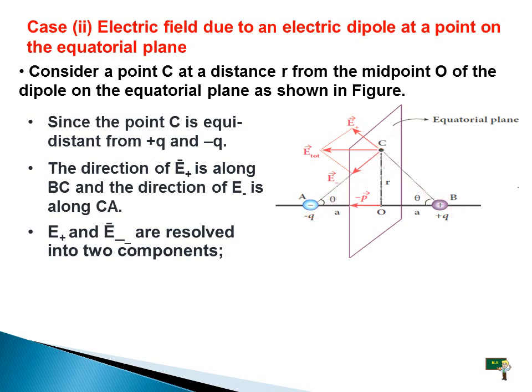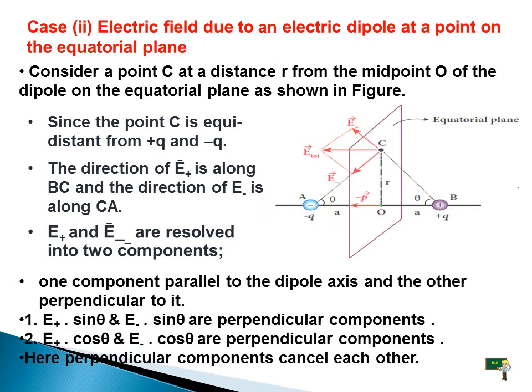The direction of E plus is along BC, and E minus is along CA. E plus and E minus are resolved into two components, because you can see here they are resolved into two components.